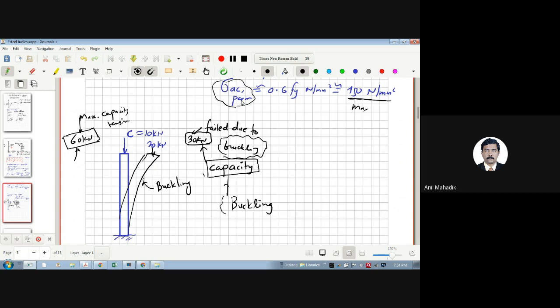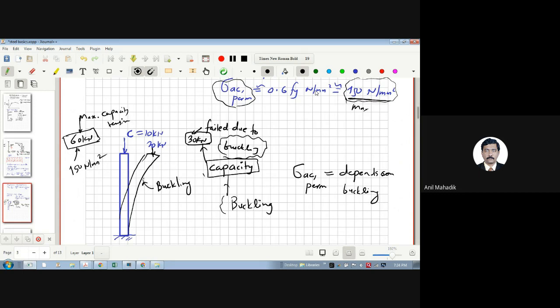So our compression member is governed by buckling criteria. Whatever permissible stresses are there, sigma AC permissible, they depend on buckling, so this is not your value in design. Don't take this. This is the maximum value you can take, but it will definitely be less than this, because this is the maximum capacity corresponding to 150 Newton per mm square.